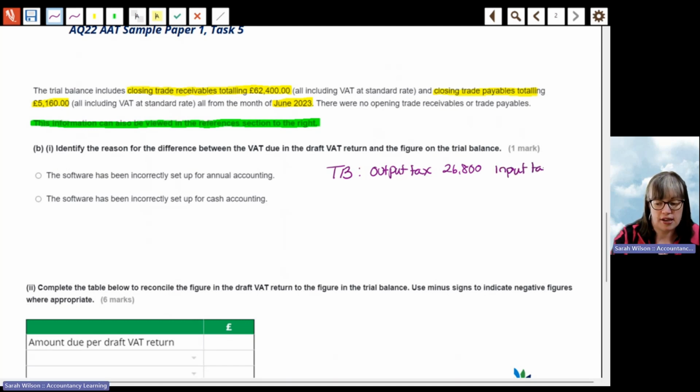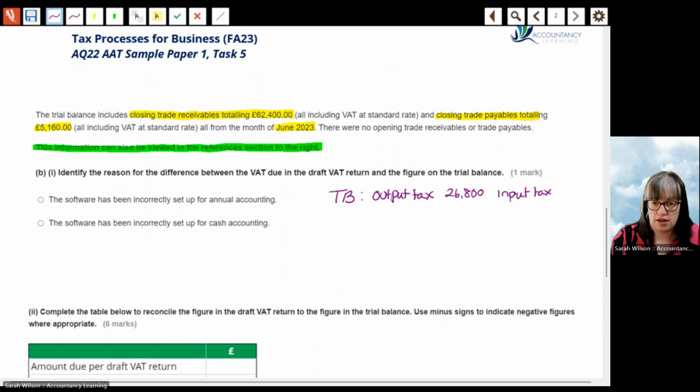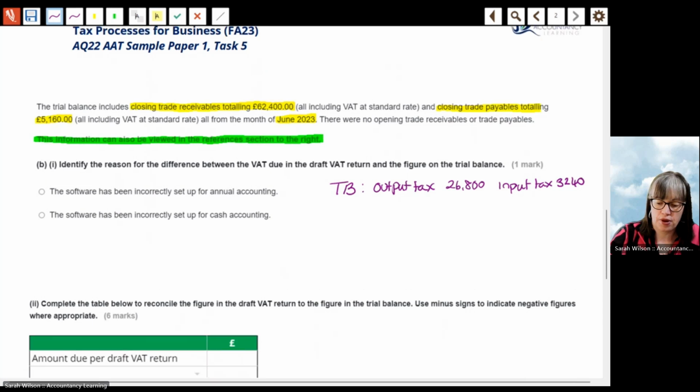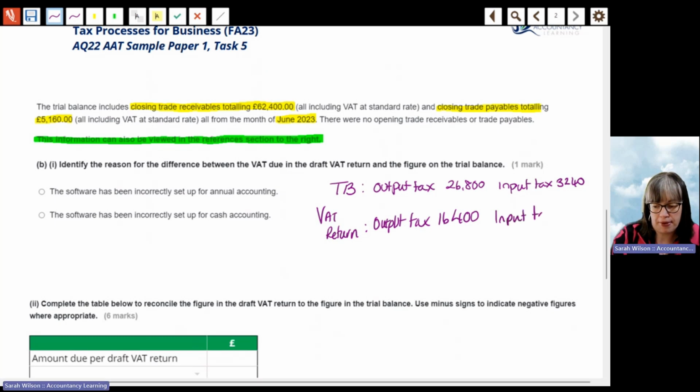And we have input tax of 3,240. And in the VAT return, you've got output tax of 16,400 and input tax 2,380.